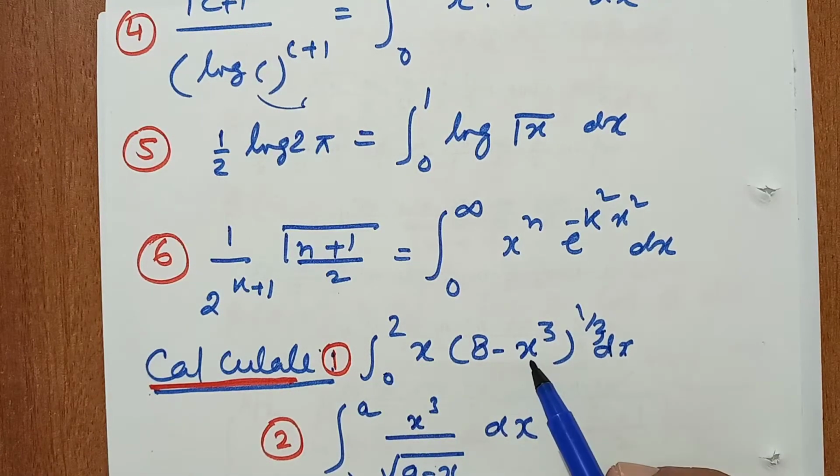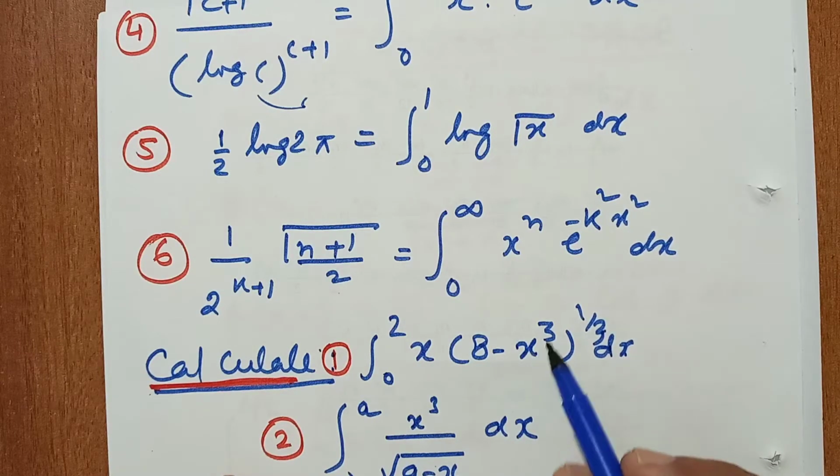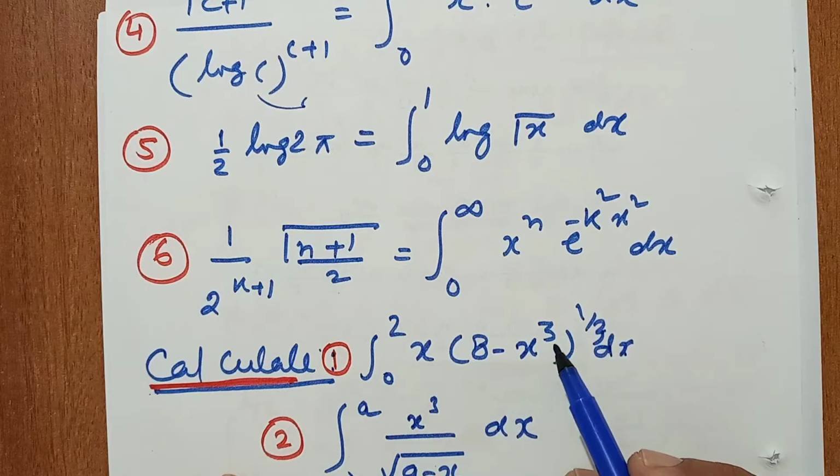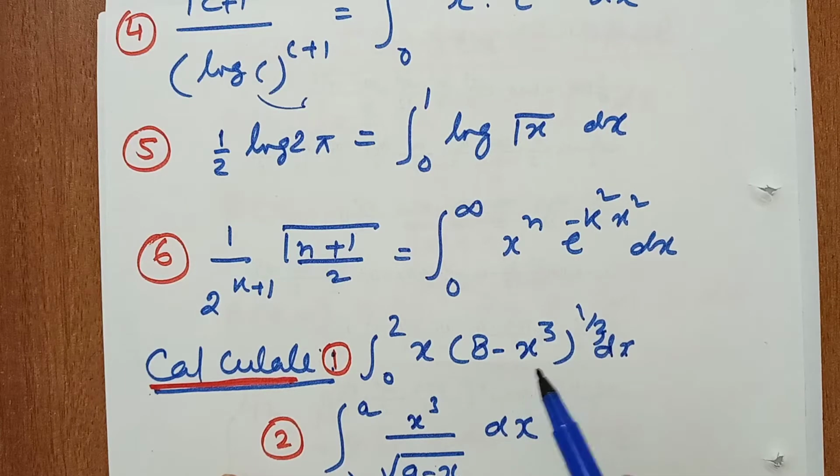So here put x equal to 2 times something. Here x cube is 2 to the power 3, which is 8. If you take 8 common, we get 1 minus x cube upon 8, so x cube upon 8 equal to t. This is the substitution. Then this question automatically goes into the form of the beta function.